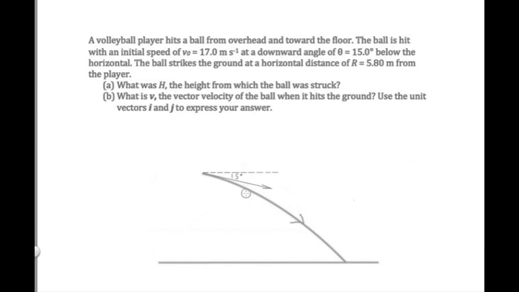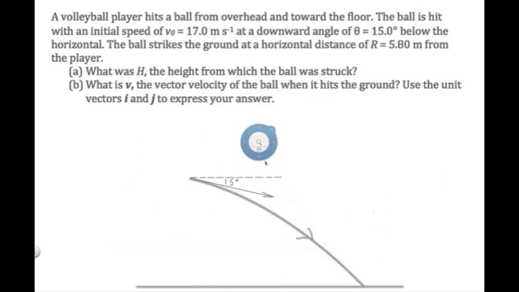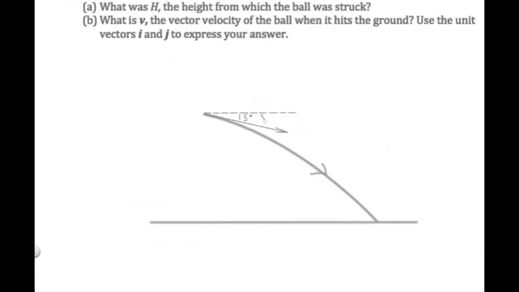Okay, so this is the correct picture because this allows us to draw the tangent at the initial point at a downward angle of 15 degrees below the horizontal. And remember, what's the 15 degrees? Is this the 15 degrees? No, it's not 15 degrees with the path.